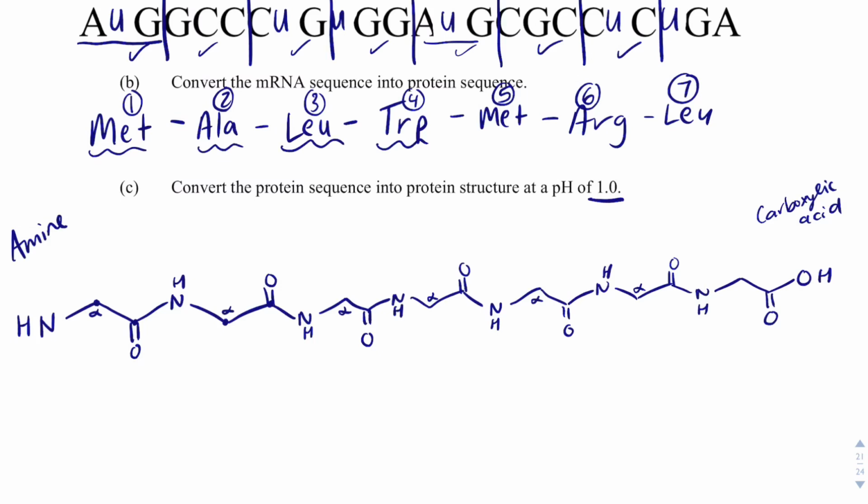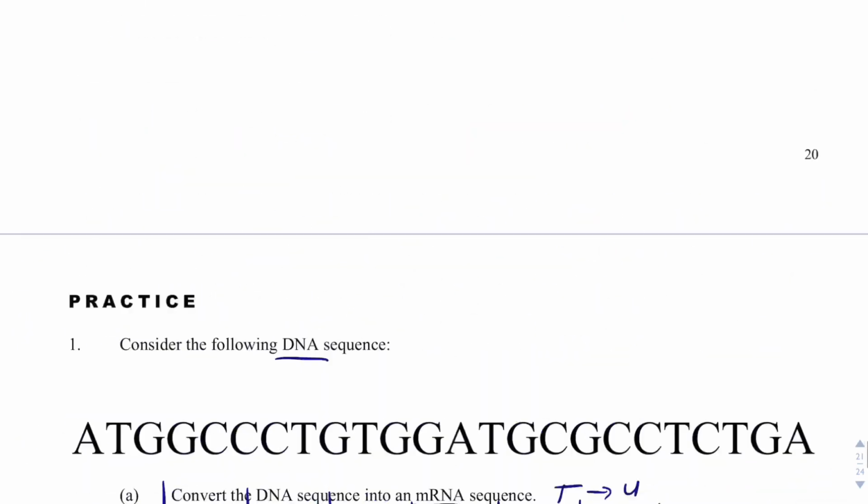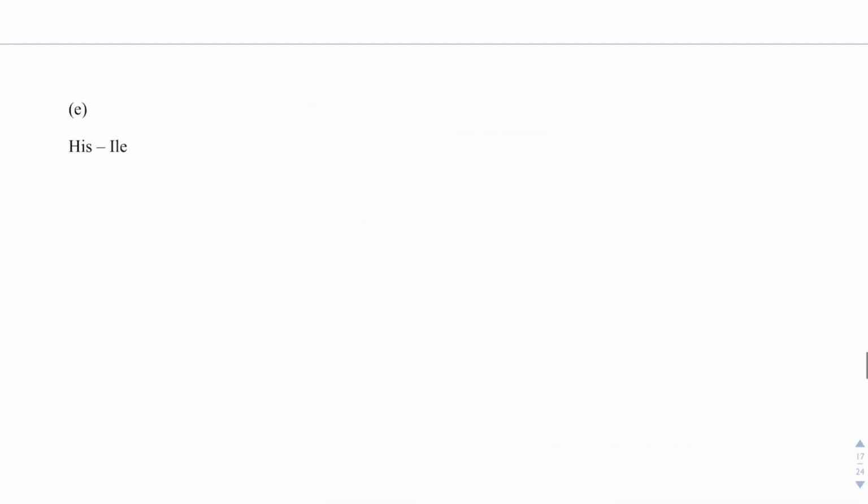So what I'm going to do is draw each side group for methionine, alanine, leucine, tryptophan, methionine, arginine, and leucine. So I'm going to do this first one here. We have methionine. I'm going to go all the way up, and I'm not going to do this for every single one, but I want to show you what I'm looking at.